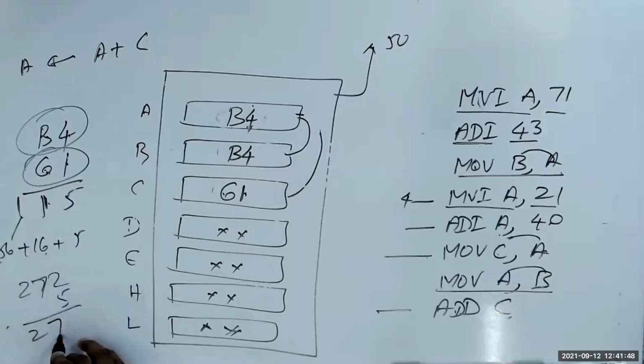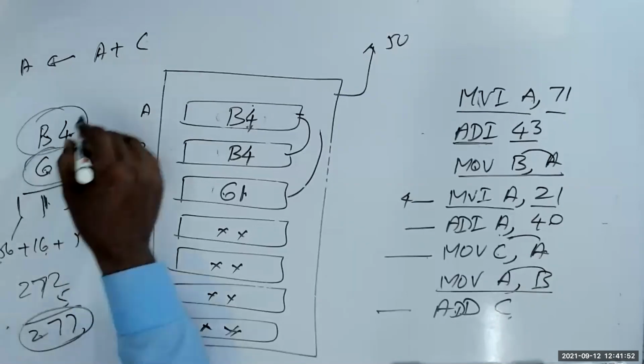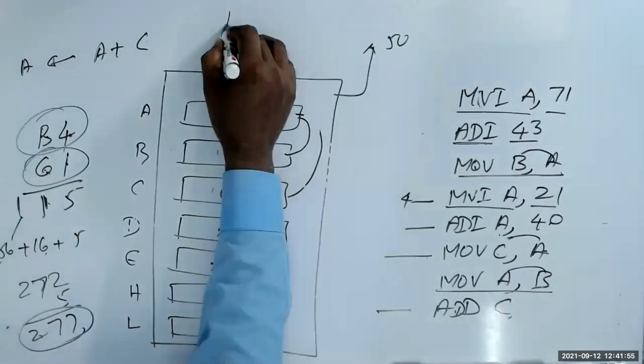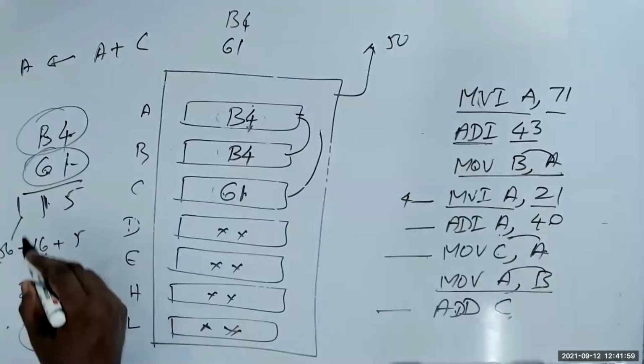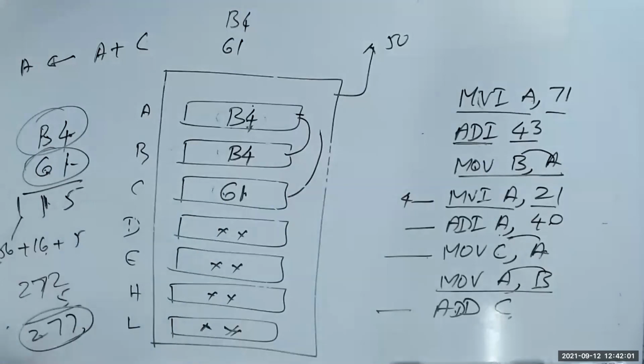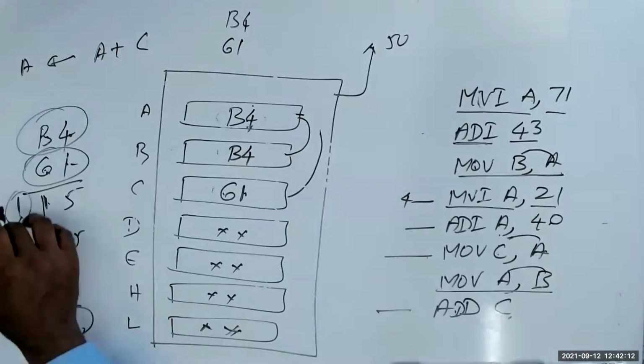Now you add this number, B4 and 61. Add them, you get 277. Now what is happening? There is an extra bit here. This is gone because I can put only 15 here.